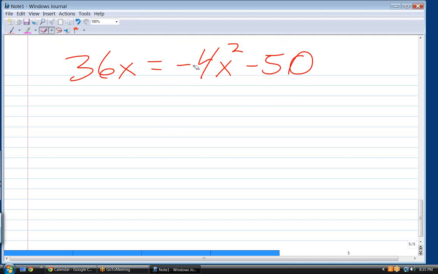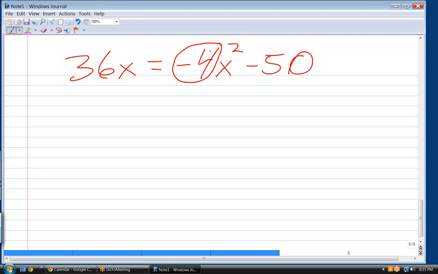Typical, well, you could actually get this on the other side and complete the square, but the standard way to solve a quadratic is to get everything on one side, 0 on the other. Okay, so add the 4x squared.